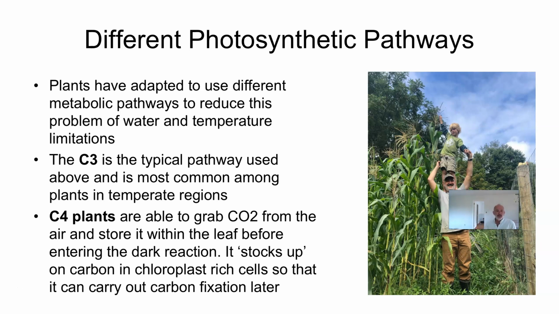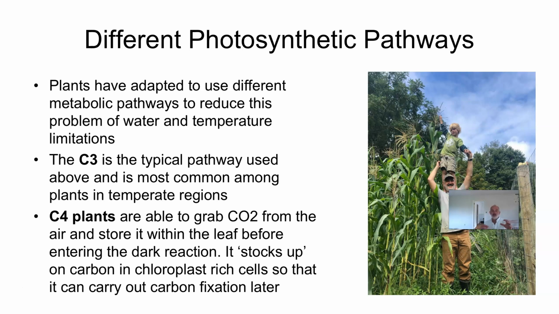Now, C4 plants are the more recent evolutionary adaptation. The C4 plants are able to grab carbon dioxide from the air and store it within the leaf before it enters the dark reaction. Try to think about this for a second.